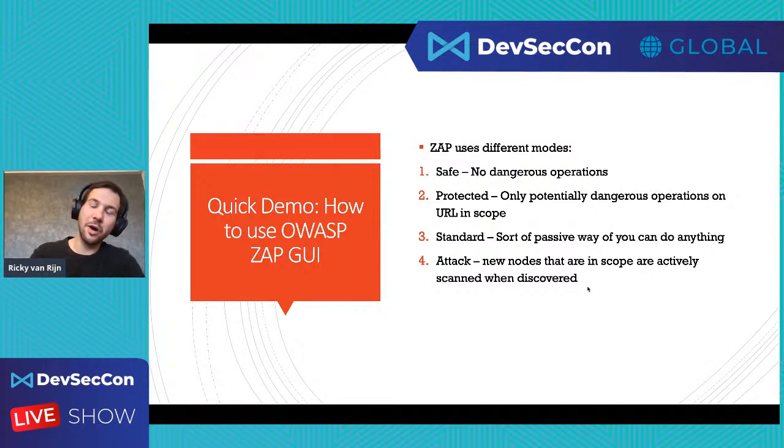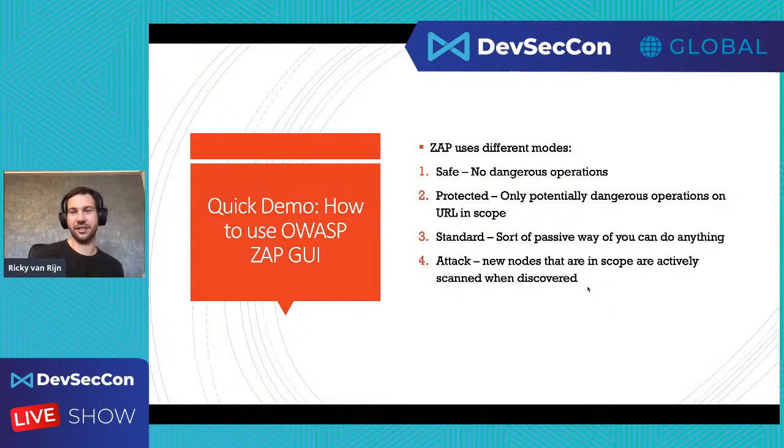ZAP uses different modes too, and I clarify that a little bit here. I'm not going too deep on it in this presentation because I need to keep it a little bit standard. But this got me curious because it's right in the upper left corner, and I'm like, what is it? Well, it's kind of an operating mode.